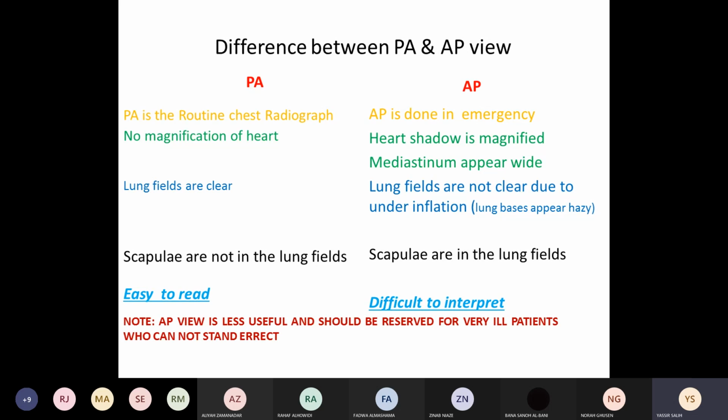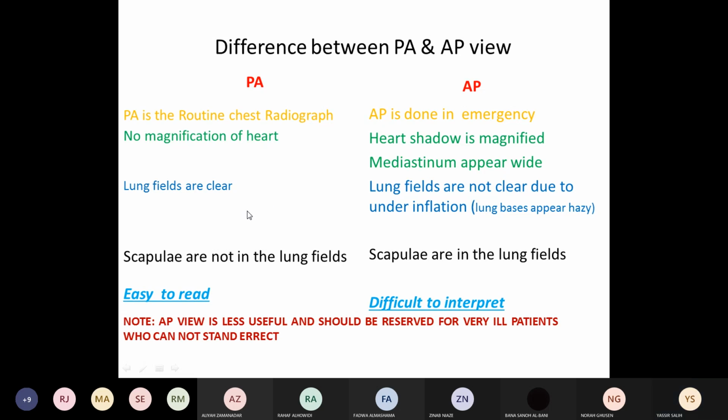So chest X-ray should be done in PA. Of course, this is the role of the technologist. You as physicians write chest X-ray PA, and actually it should be done as PA. We should write on the film that this is chest X-ray done on PA. Also PA chest X-ray is characterized by clear lung field.